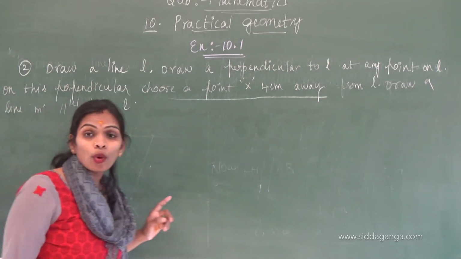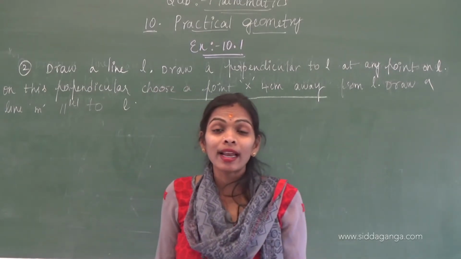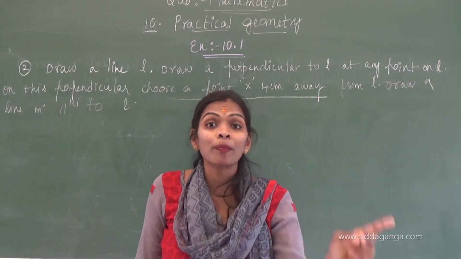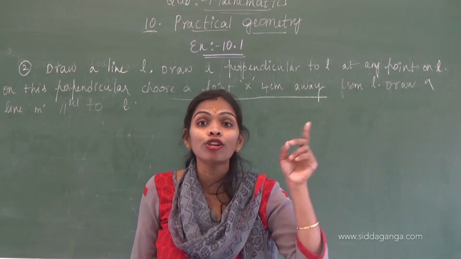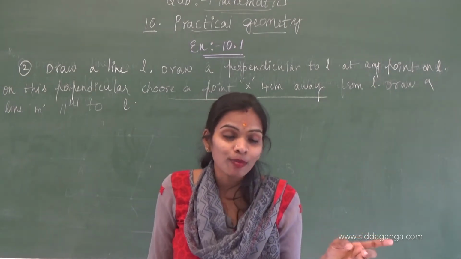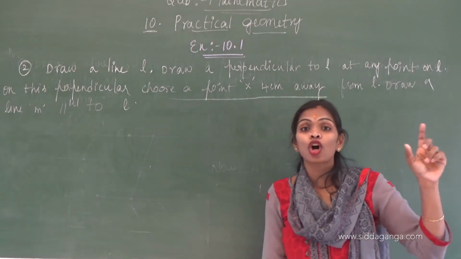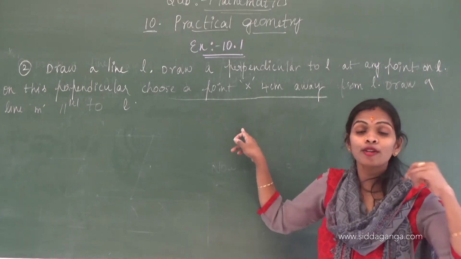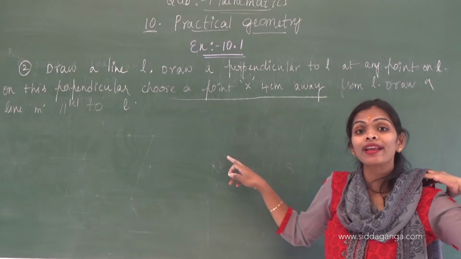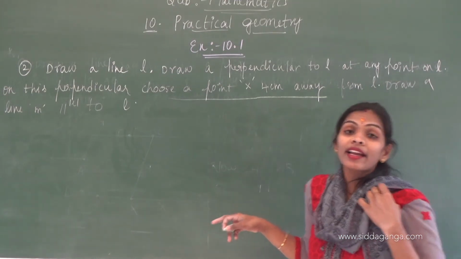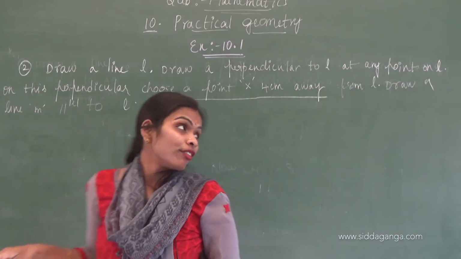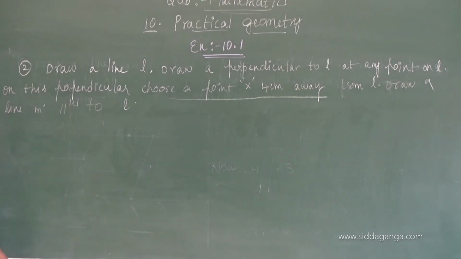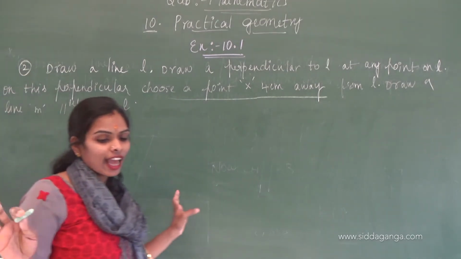That X should be on the perpendicular line which is drawn to L. Choose a point X on the perpendicular to L, correct, and it is 4 centimeters away from L. Correct children?